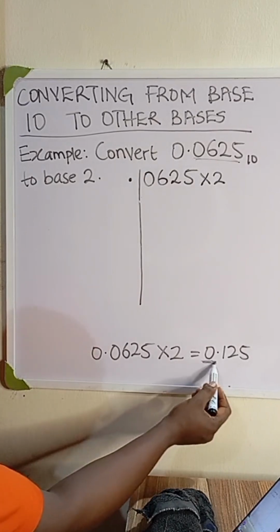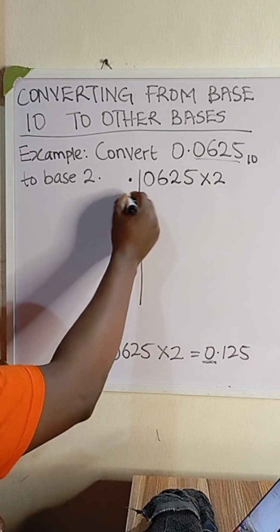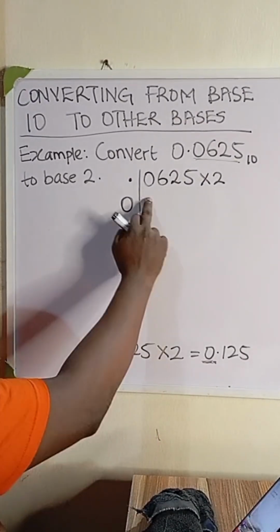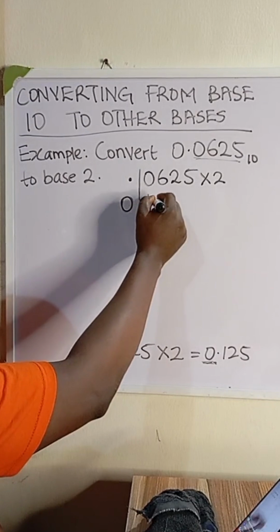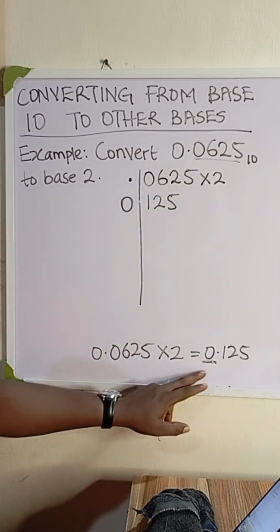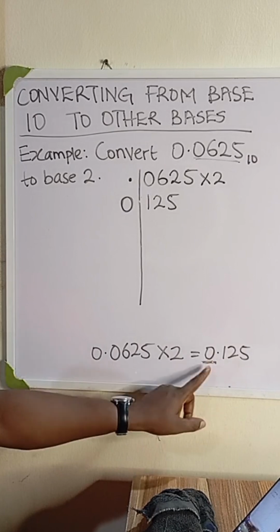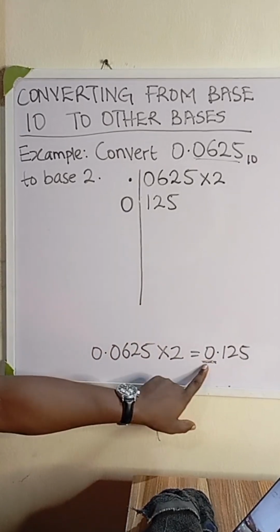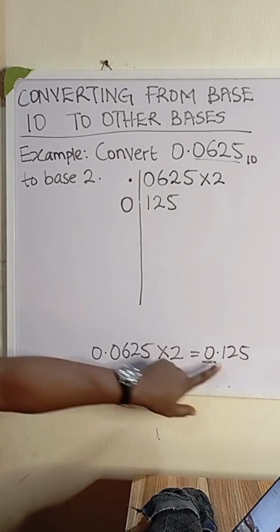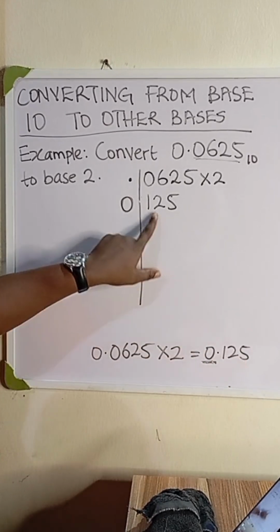The whole number here is 0, so we are going to write 0 here, and leave the rest here in this decimal column. So when you multiply this, you are going to get 0.125. This 0, which is in the whole number column, comes here, and these values at the decimal come here.